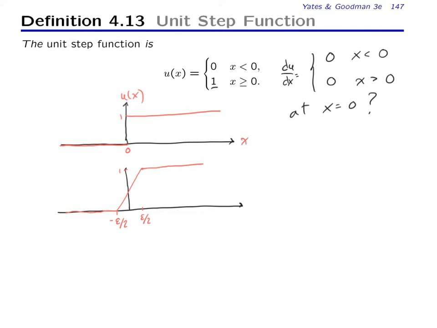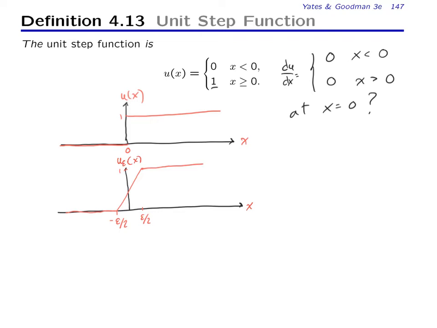We can call this function u epsilon of x, right? And as epsilon goes to 0, this u epsilon of x converges to the unit step. And as epsilon gets small, it approximates the unit step. So this u epsilon of x has a derivative, and that's better behaved than the unit step.